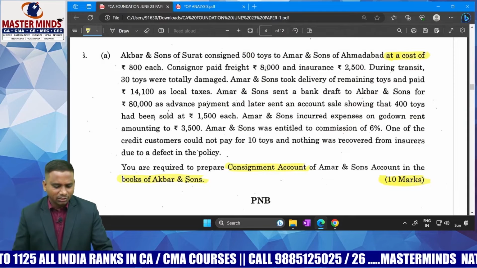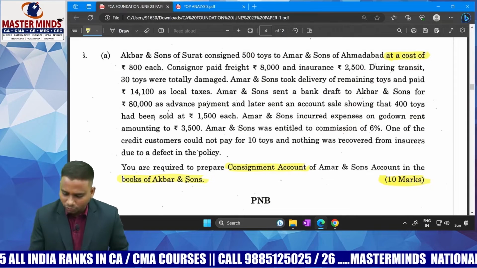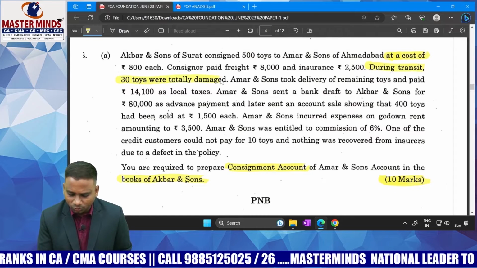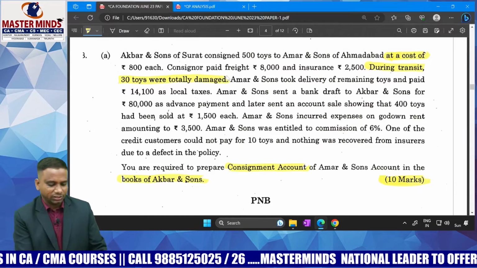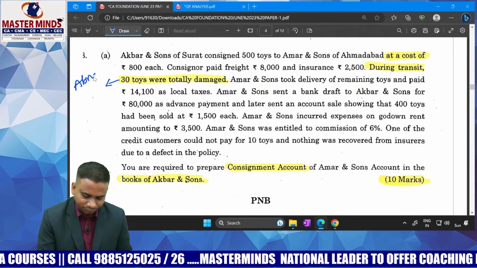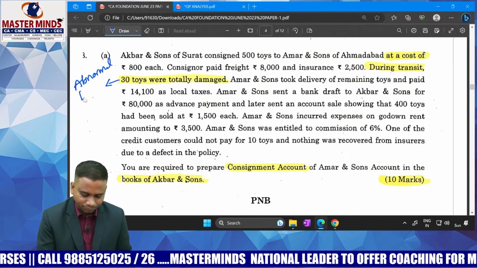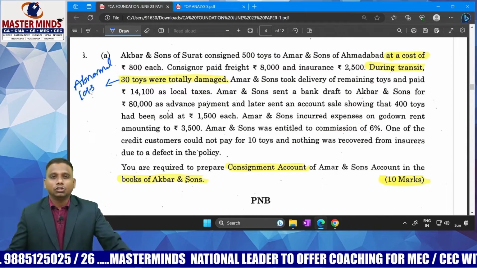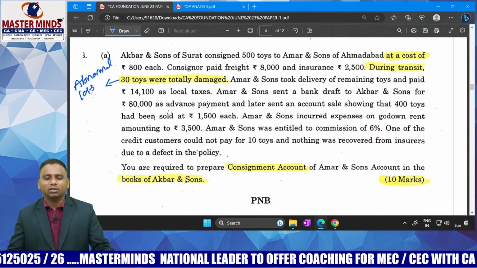During transit, 30 toys were totally damaged. Yes, here we have abnormal loss during transit. Goods lost in transit, so calculate the abnormal loss.